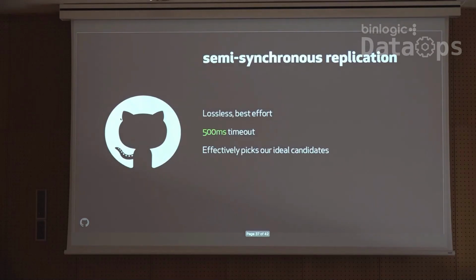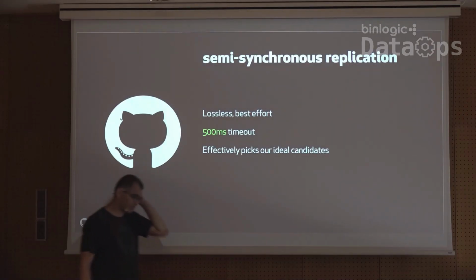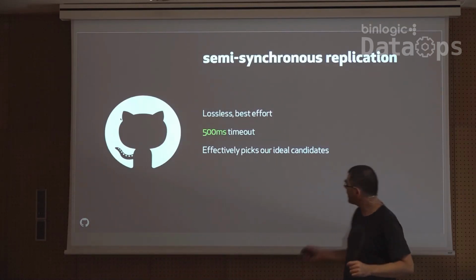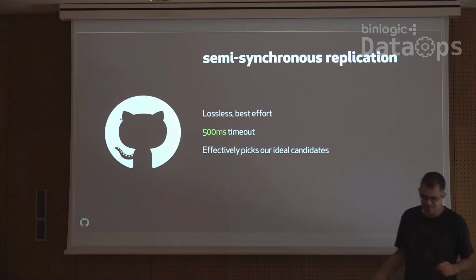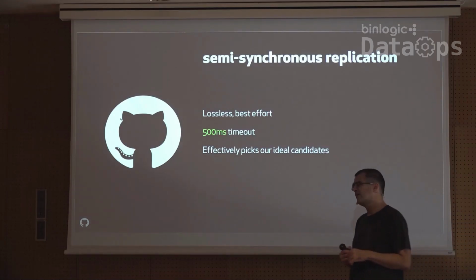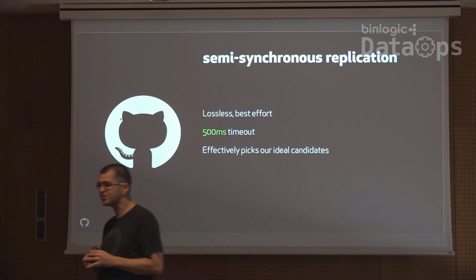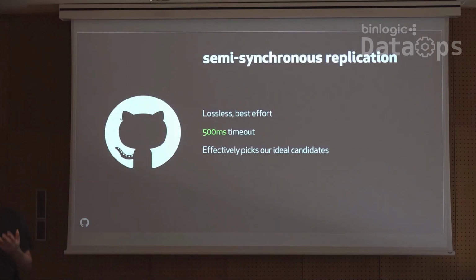A word about semi-synchronous replication. We are running semi-synchronous replication to hopefully avoid data loss. We set it with a 500 millisecond timeout, which means in most cases we really expect failovers to be lossless. When the master dies, some replica has all the information that it got from the master. If you're unfamiliar with semi-synchronous, it's a little bit over the top to explain it here.